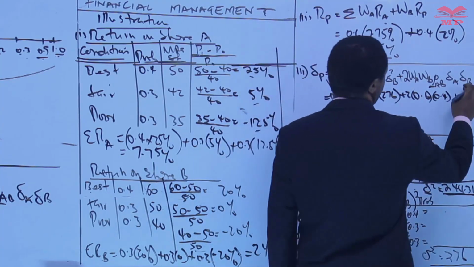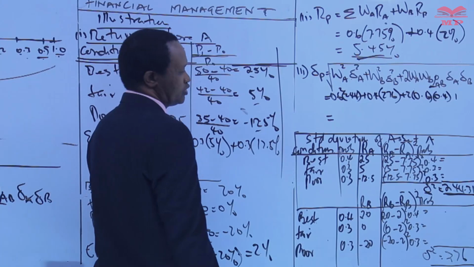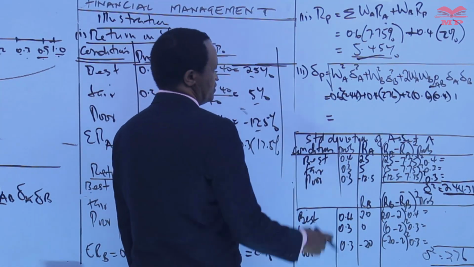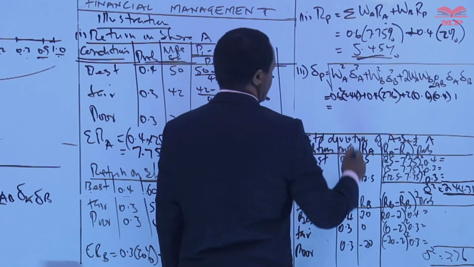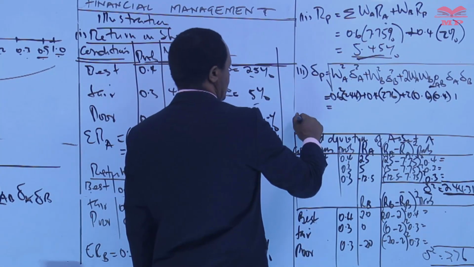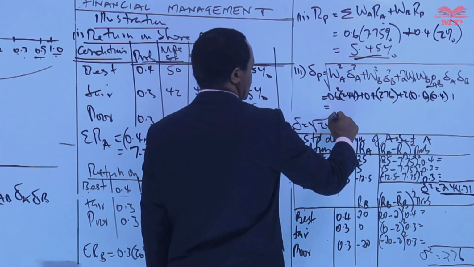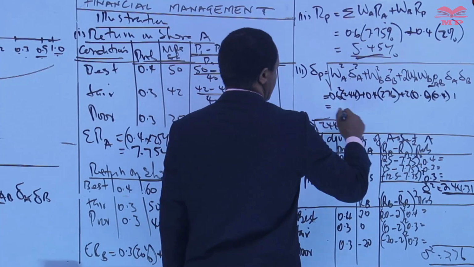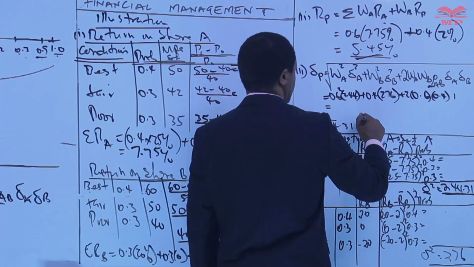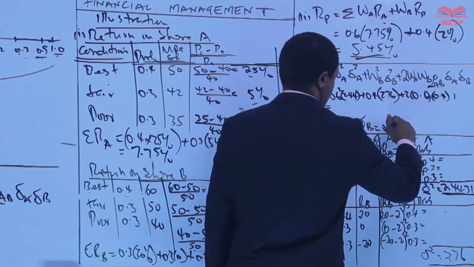Then what is the standard deviation of A? The standard deviation of A is the square root of the variance of A. So give me the standard deviation of security A, which is equal to the square root of 244.31. This is A, standard deviation. Standard deviation for B is equal to the square root of 276.